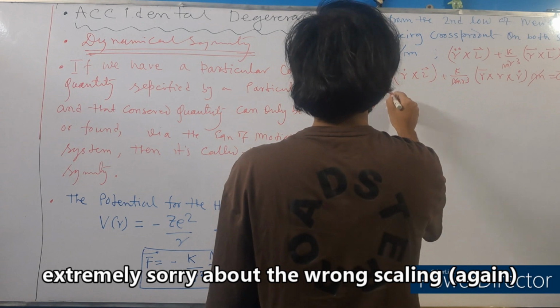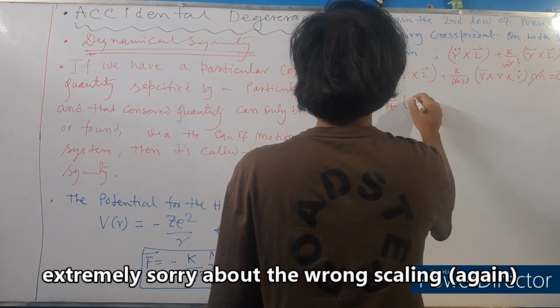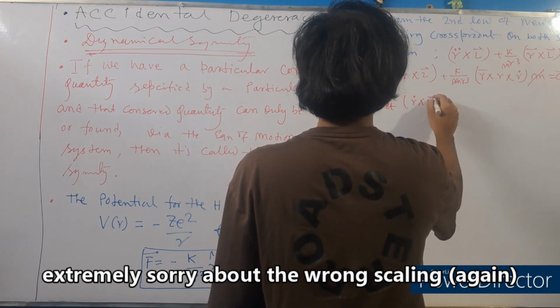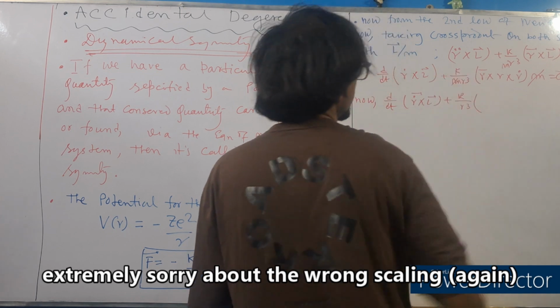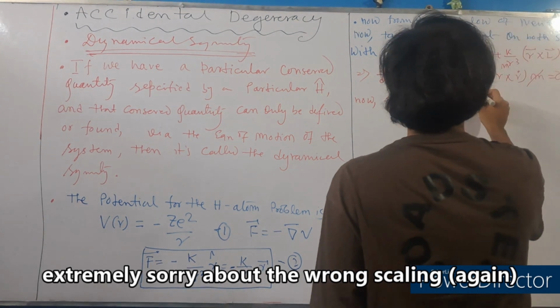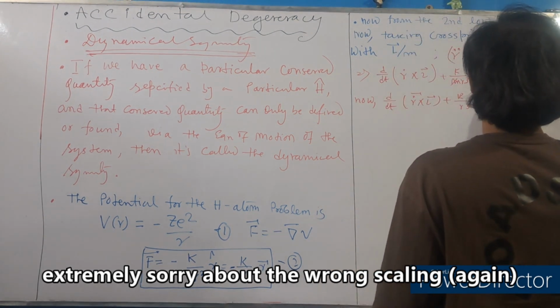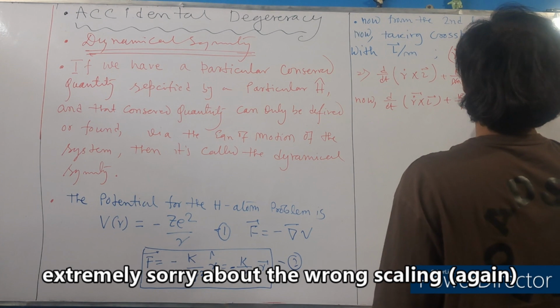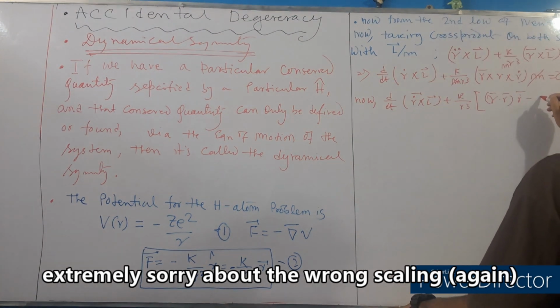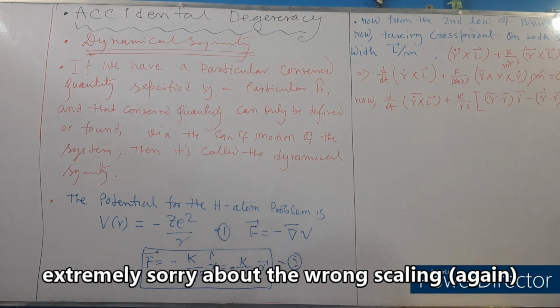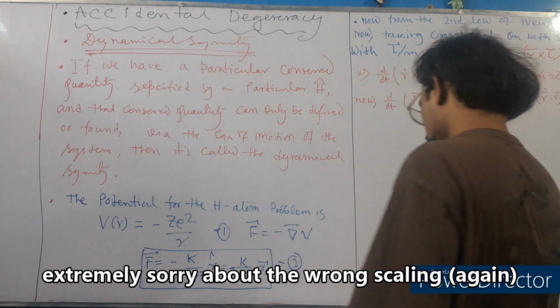So d/dt of r dot cross L plus K by r cube into BAC, back, minus cab, CA. Now r dot r can be written as r squared, but we will write that later.